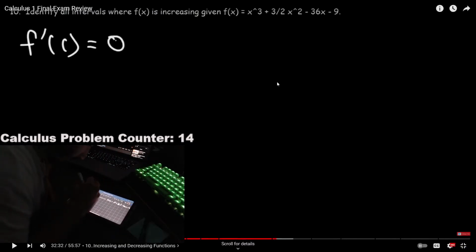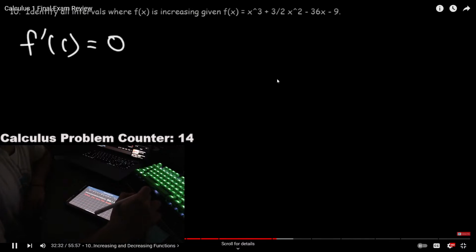Okay, so find critical points. Find the first derivative, set it equal to 0, then solve for x.